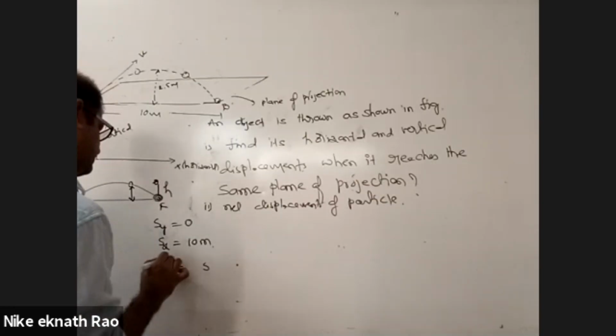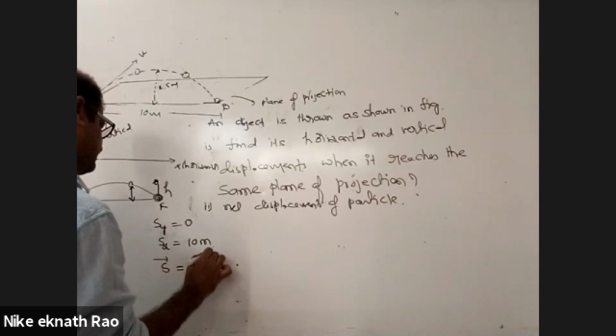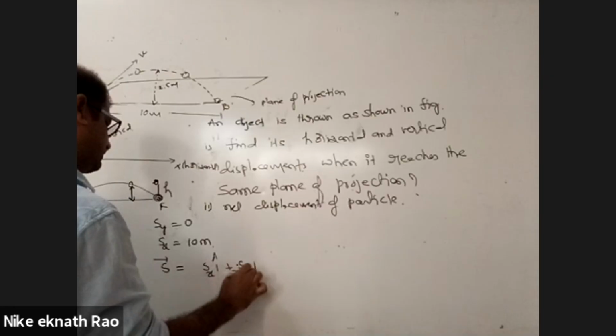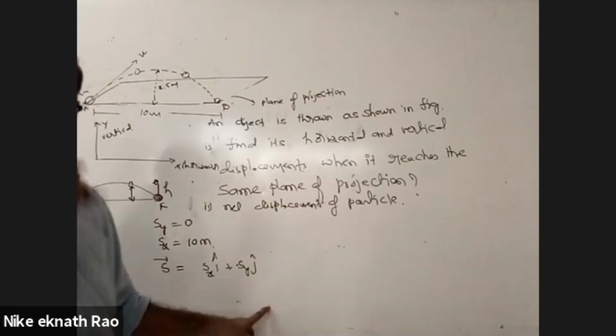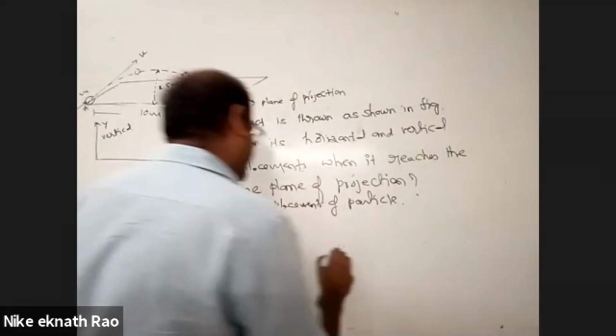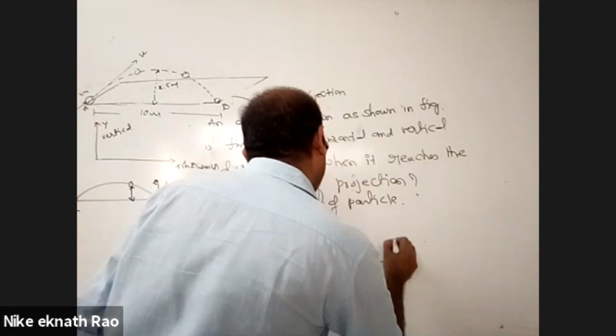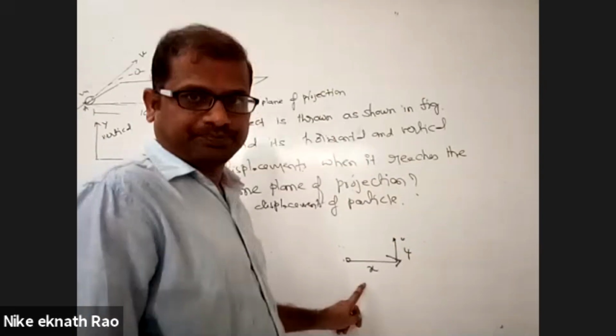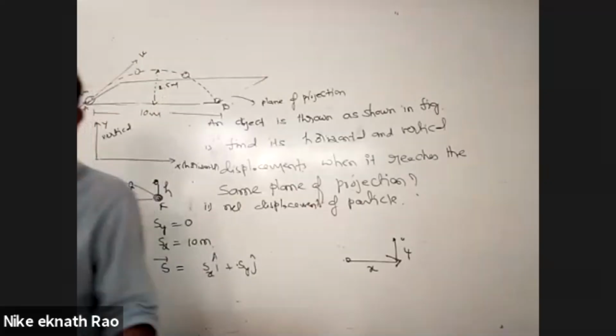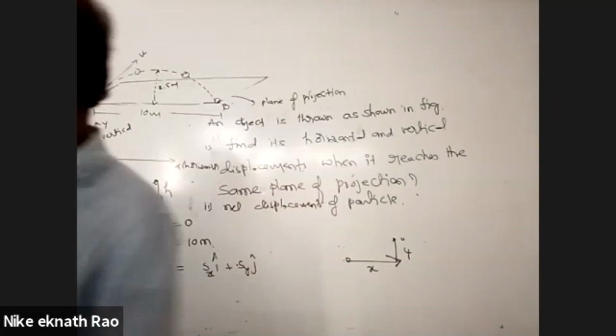Net displacement is Sx into i cap plus Sy into j cap. How has it come? Look at me. Say the body has traveled in the x direction, with vector x bar. Just write down till here.